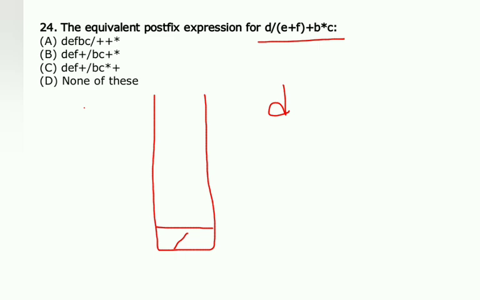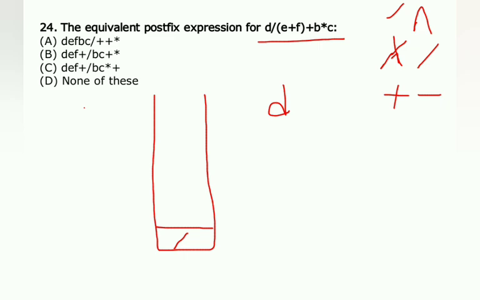So we know that exponential has the highest priority, then multiplication and division has the next priority, plus and minus has the next priority. So highest priority is for the exponential operation. Okay. So first we are pushing the division operator into the stack.